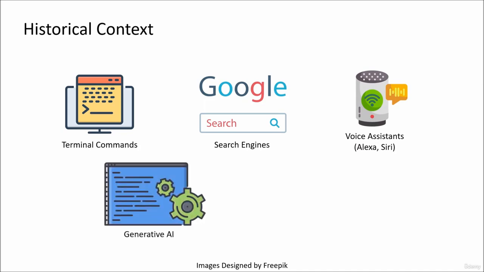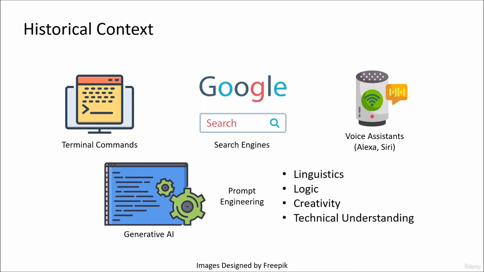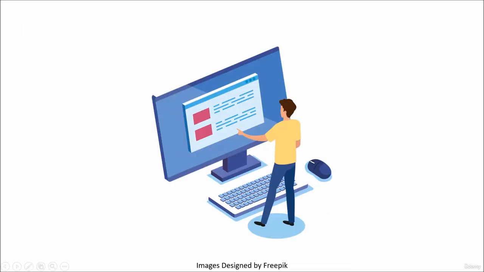Now, with the rise of generative AI and LLMs, prompt engineering has evolved into a skill that blends linguistics, logic, creativity, and technical understanding. In a way, prompt engineering is the modern-day version of giving instructions to a computer, but without needing to learn its machine instructions or programming languages like C++, Java, etc.